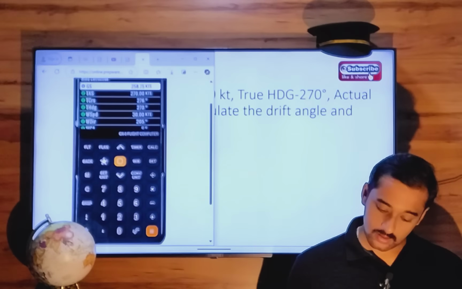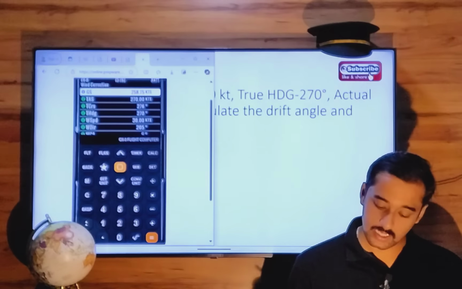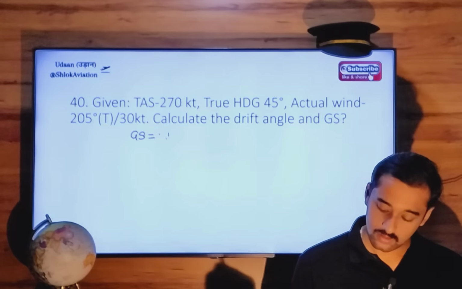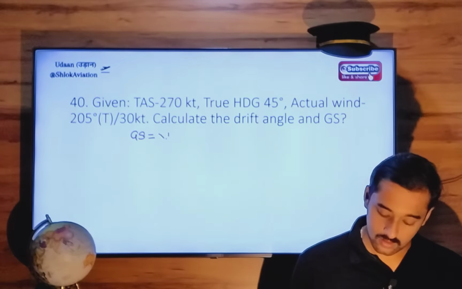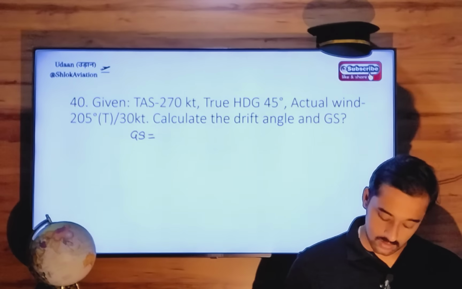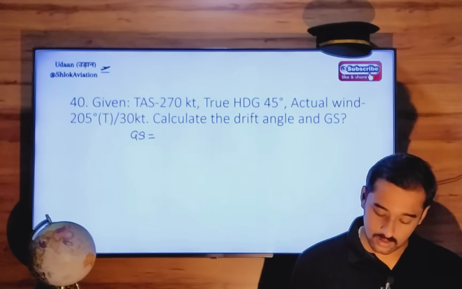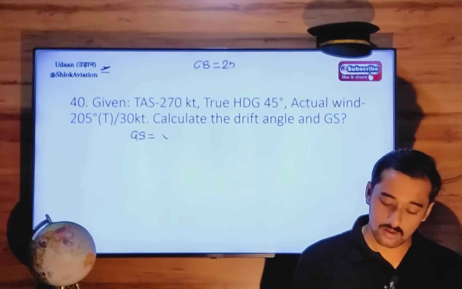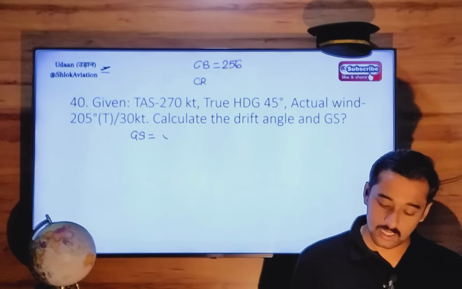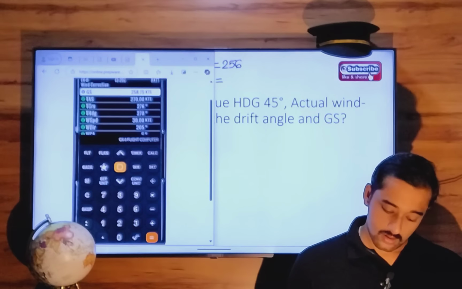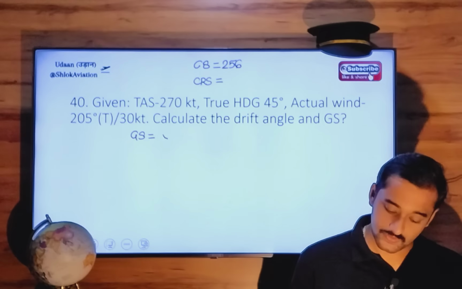So ground speed is 256. True course is 276.